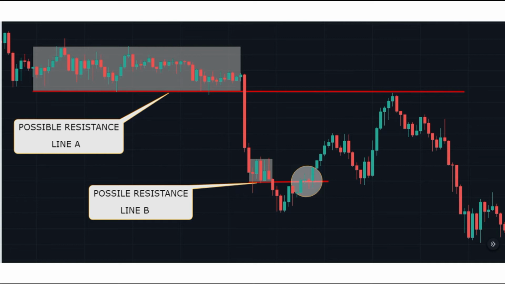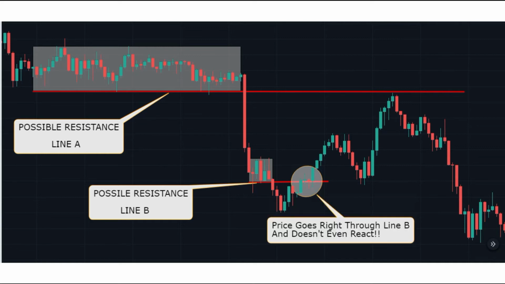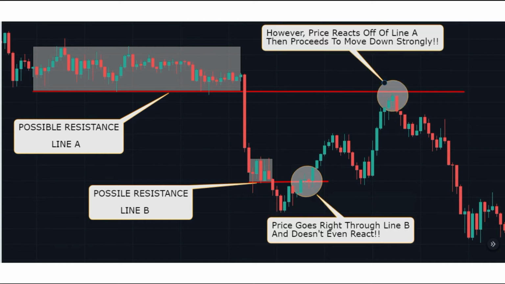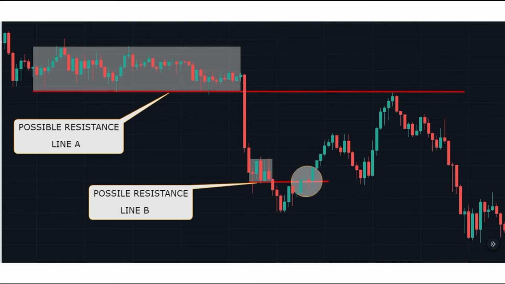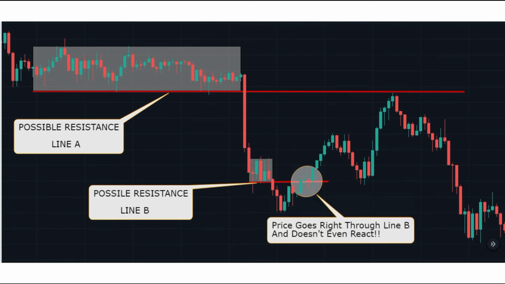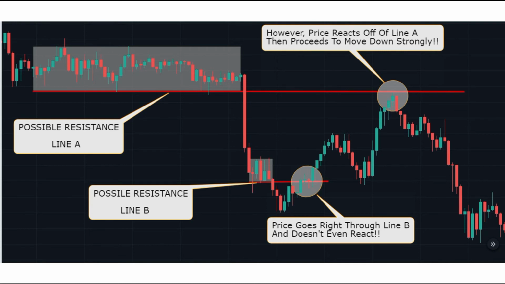Look at this circle, line B doesn't react. But on line A, where there is possible resistance, we have a reaction. So from my perspective, resistance line A is a psychological level more than possible resistance line B.